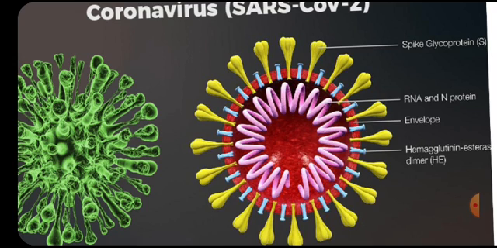This envelope is very complex. You can see the yellow colored spikes which are made up of glycoproteins. The blue ones are hemagglutinin esterase dimers, which are responsible for clotting of blood, for bringing two red blood cells together.